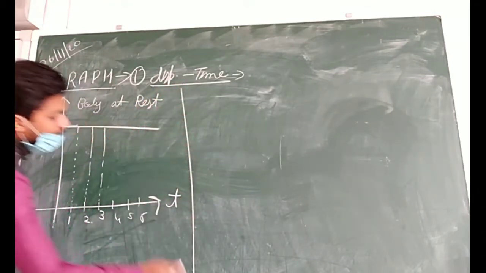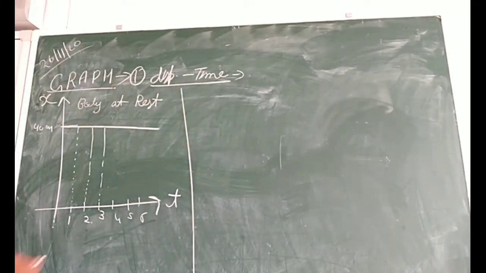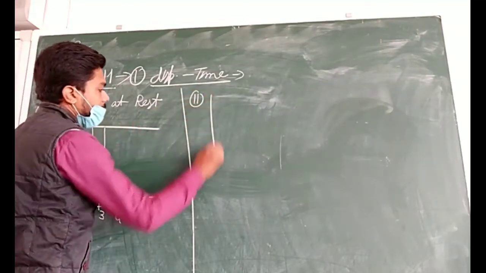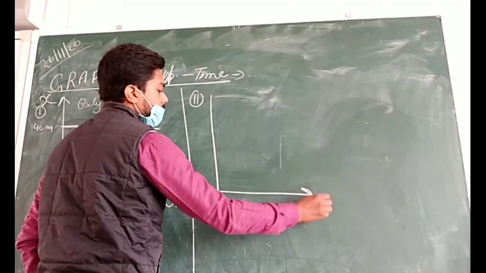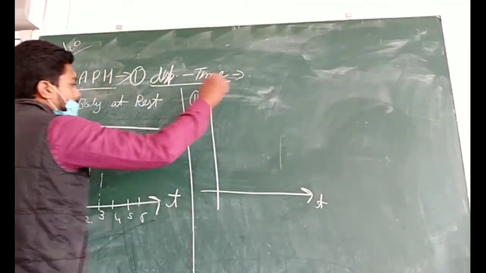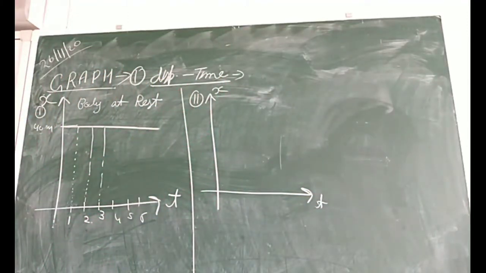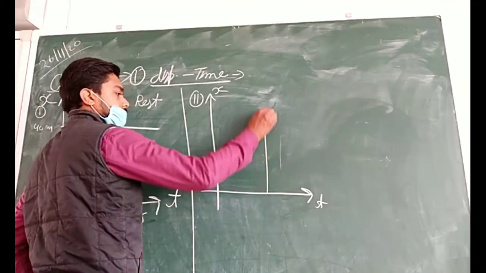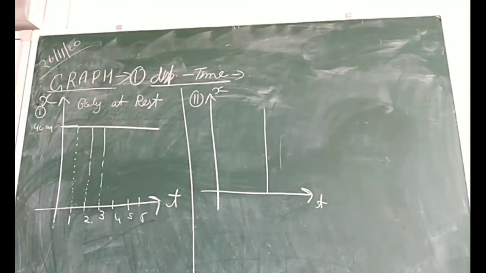Now, the second graph is again a graph between the displacement and time. Okay? The second graph is this. Tell me which type of motion is represented by this graph?